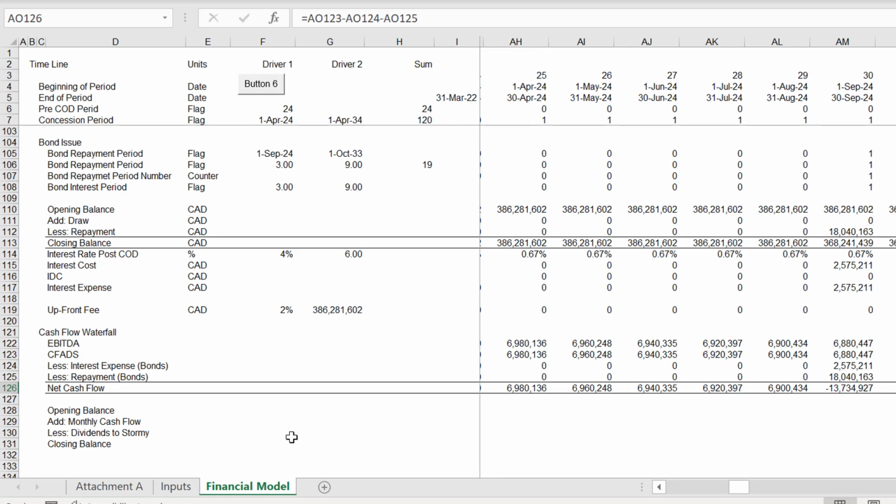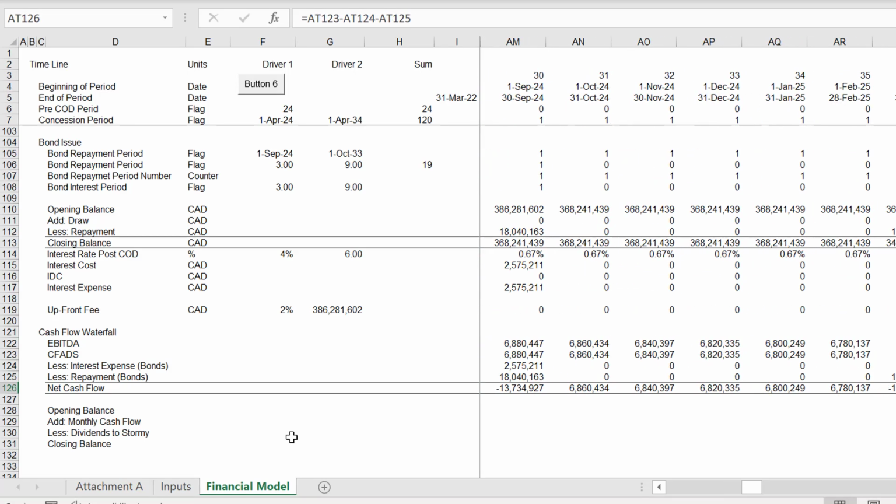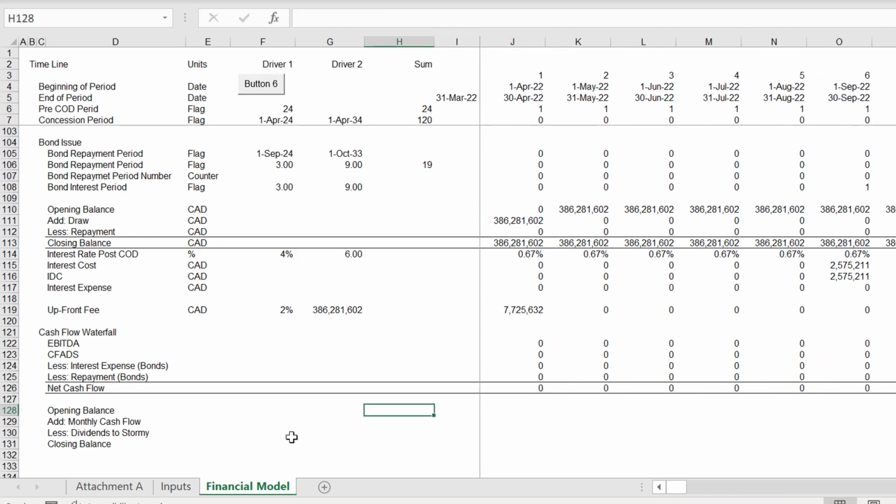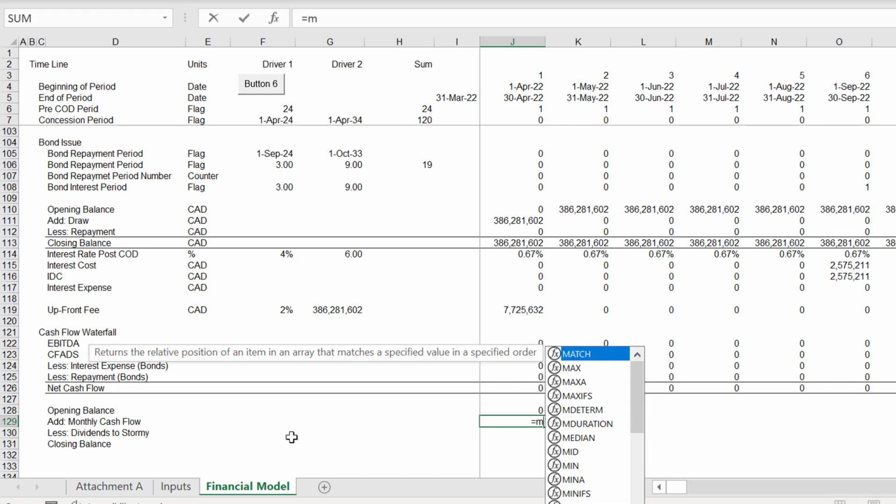Uh-oh, we have a negative amount, 6 months out. And so what we do is put an opening cash balance equal to a closing balance.